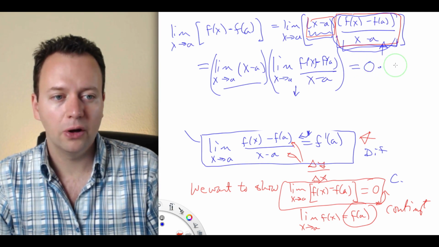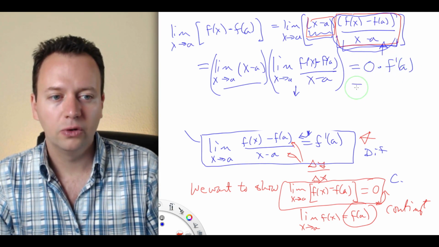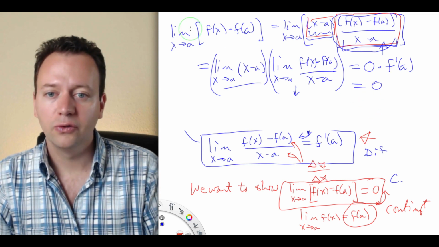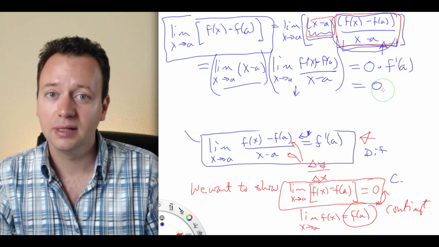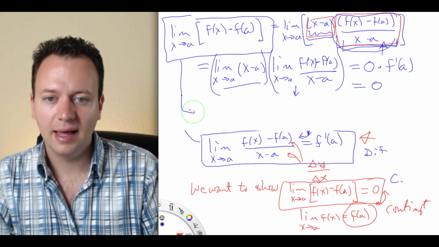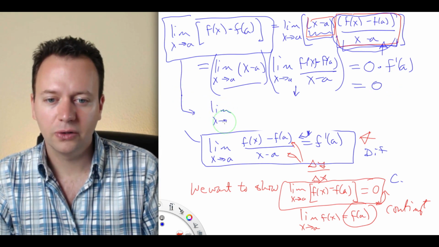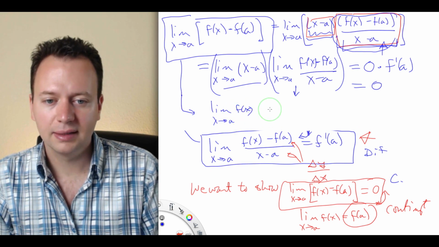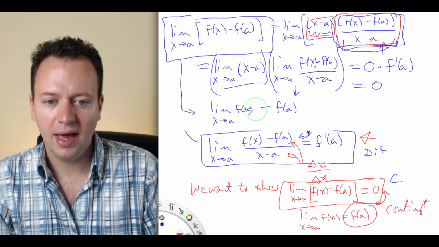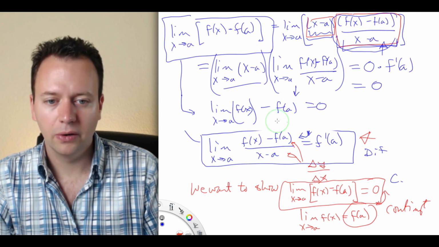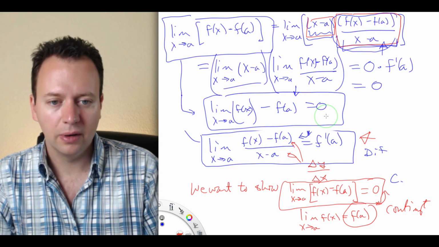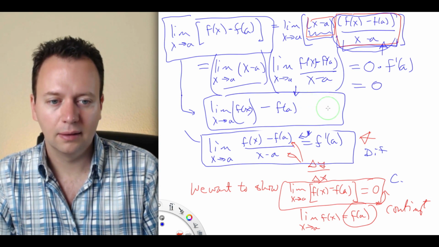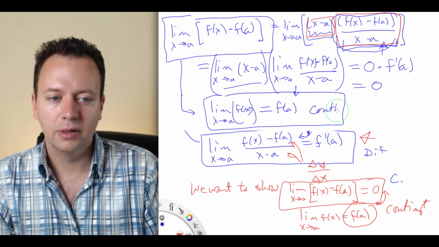So it's equal to 0 times f prime of a, which is just 0. Therefore, the limit as x goes to a of f of x minus f of a is equal to 0. On the other hand, that's equal to the limit as x goes to a of f of x minus just f of a. Since this minus this is equal to 0, this is equal to that, and that is continuity.